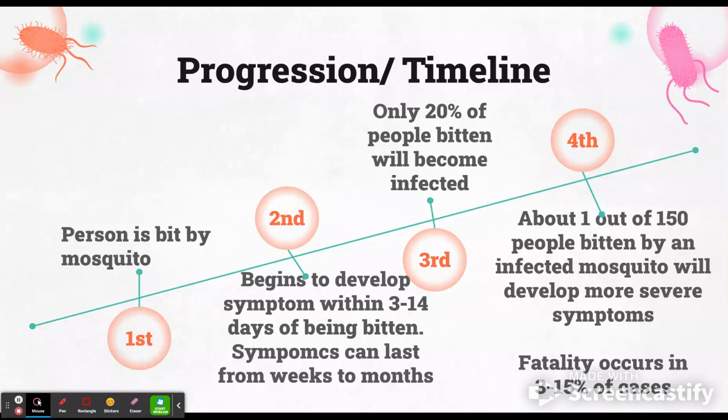The rest don't show any known symptoms. And about 1 out of 150 people bitten by an infected mosquito will develop the more severe symptoms that Maddie mentioned earlier, like encephalitis or coma or tremors. And so fatality actually only occurs in 3 to 15% of cases, which is relatively small compared to how it used to be.